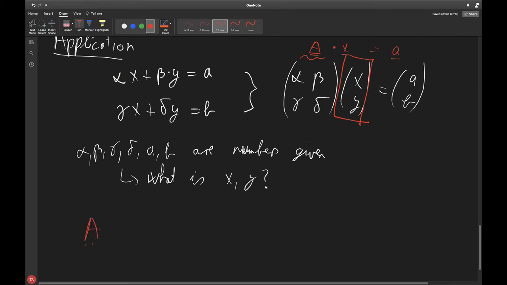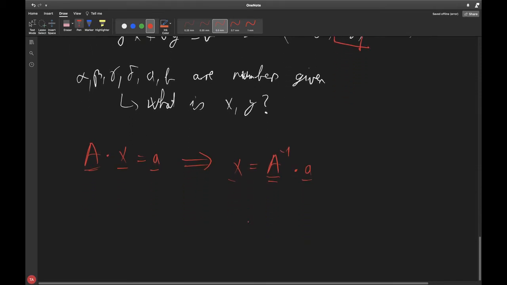So again, rewriting: A is this alpha, beta, gamma, delta matrix, multiplied with the x vector, and we get the a vector out of it. And if we are interested in what x is, that's the same as the inverse of the A matrix multiplied with the lowercase a vector. And so there you go. This is true for bigger systems of equations.